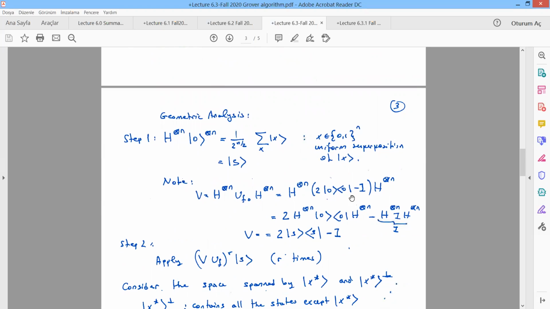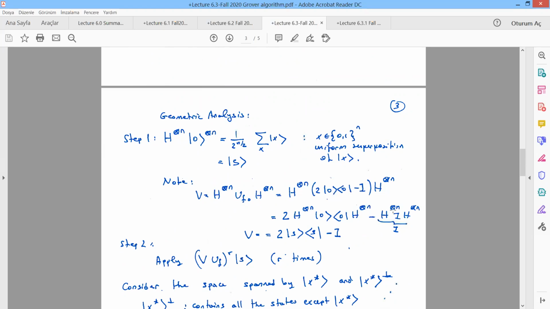And we said this is the inversion around the mean operator. The first part would be H tensor n, times 2, 2 is a number so we can take it out of the operator. This is H tensor n, ket 0, bra 0, H tensor n, minus H tensor n times I times H tensor n.